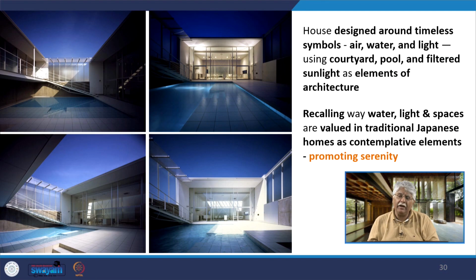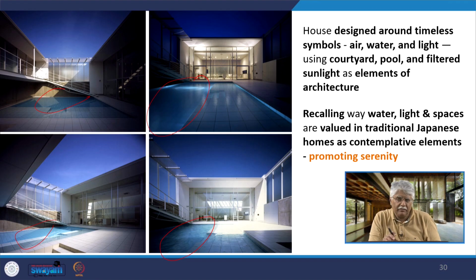The house is designed around timeless symbols that are very important for Japanese lifestyle: air, water and light. He uses the courtyard pool, this pool that is there in the courtyard, you see it here, you see it in all these pictures. He uses this pool and filtered sunlight as elements of architecture. Thus, this water, light and spaces are valued in traditional Japanese homes as contemplative elements, and they promote serenity.